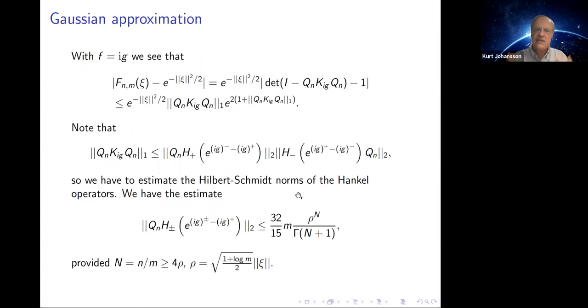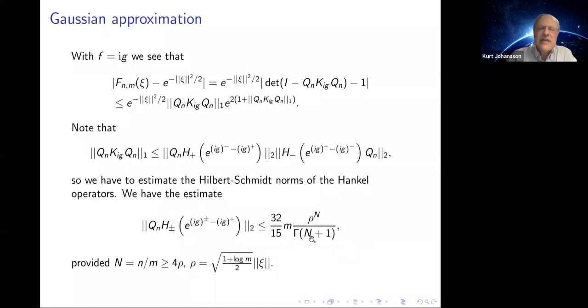But it's pretty straightforward. You just estimate the Fourier coefficients. You have to think a little about how to do that. And with some work, you end up with this estimate here of the norm. Here you see what was the important factor in the final estimate. This is where it comes from.